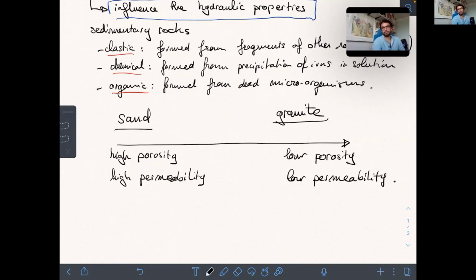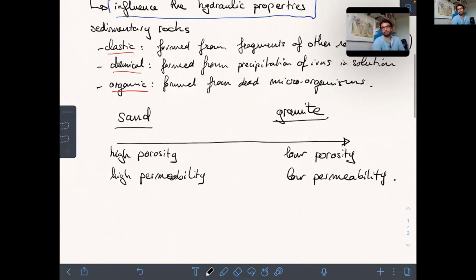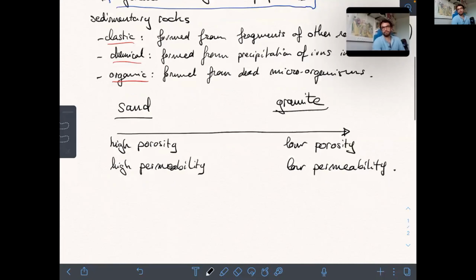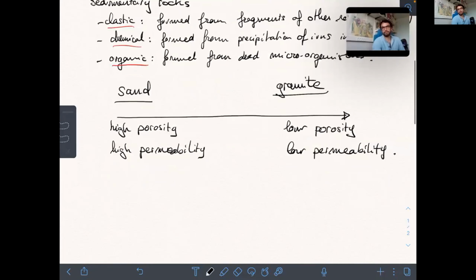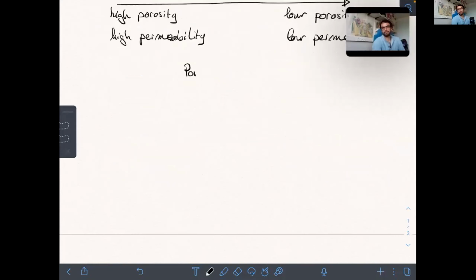Okay, so let's start with porosity. Okay, so the definition of porosity.